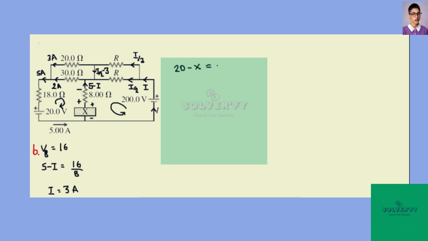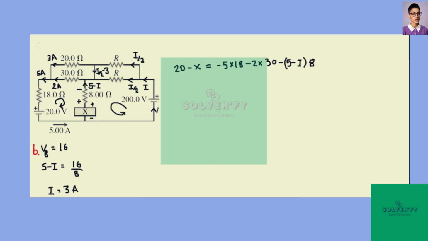So for every potential drop we can write a minus. The first one is 18 ohms that has 5 ampere current, so minus 5 into 18. The second one is 30 ohm that has 2 ampere current, so minus 2 into 30. The other one is 8 ohms that has 5 minus I, again against the loop, so minus (5 minus I) times 8.